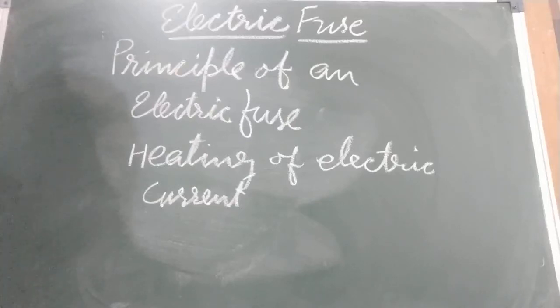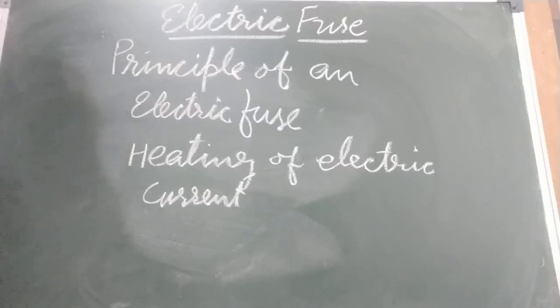Examples of material used for fuse wire are lead, tin, alloys of lead and tin, aluminium, zinc, etc. It is designed such that only a certain amount of current can flow through it. If the current exceeds this amount, the heating in the wire causes it to melt. Okay, children? We say that the fuse blows.